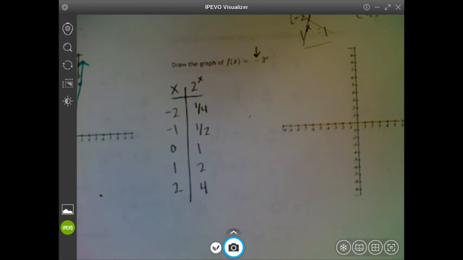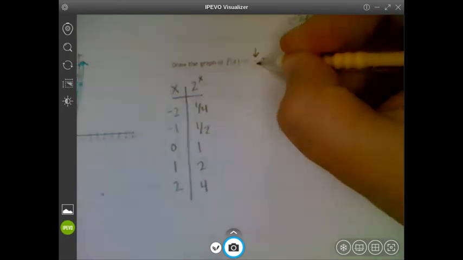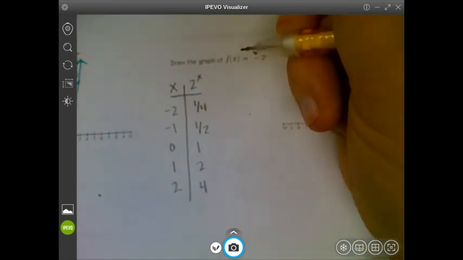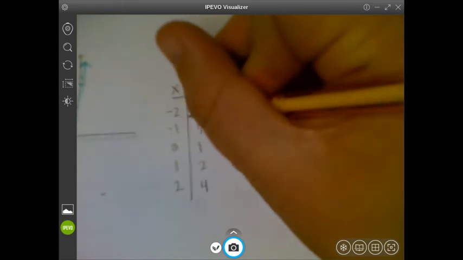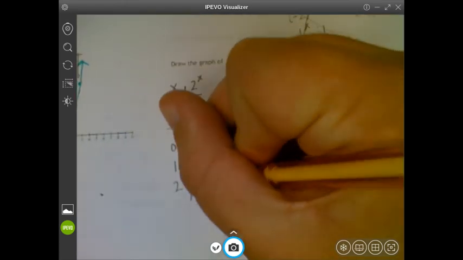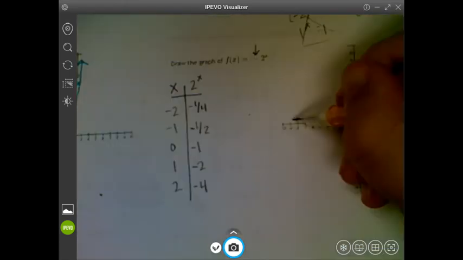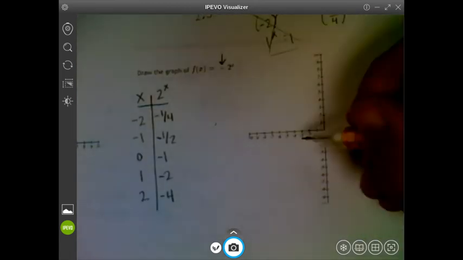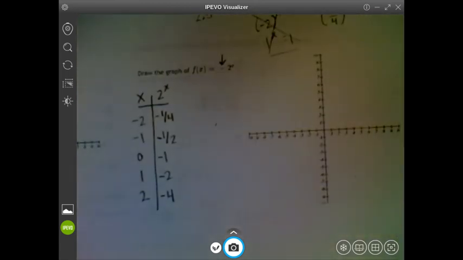And what's going to happen here is it's going to take all the y values and change their signs. So they're going to go from positive to negative or negative to positive, vice versa. And so all of these will become negatives. And instead of your graph being this direction, it will flip over. It does not change it from growth or decay.